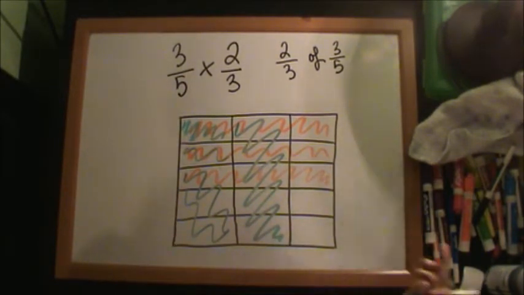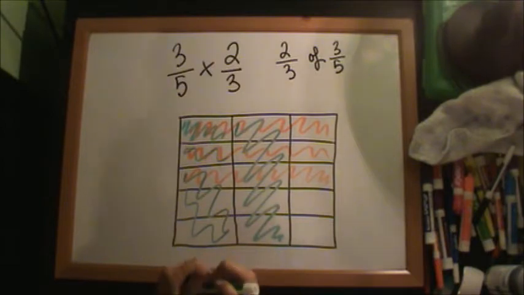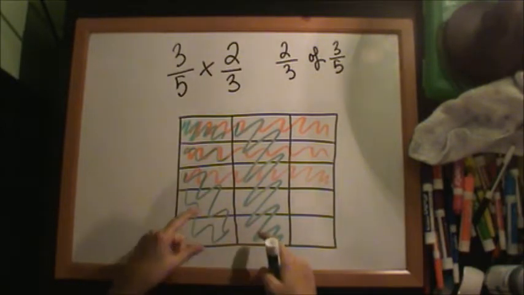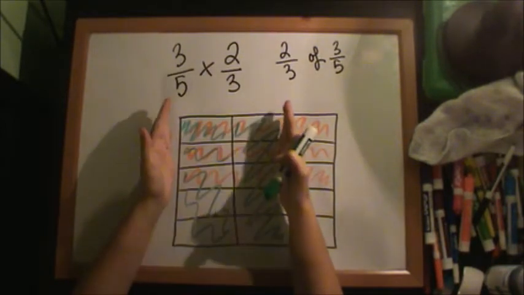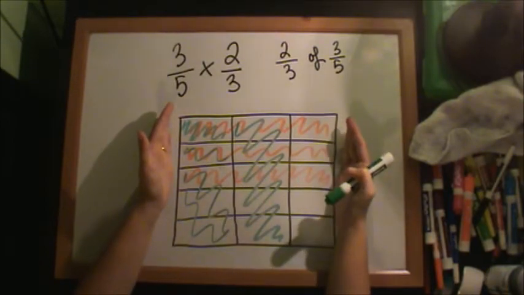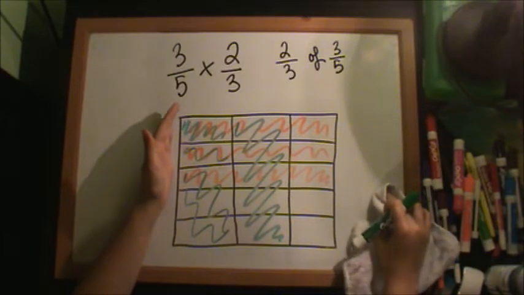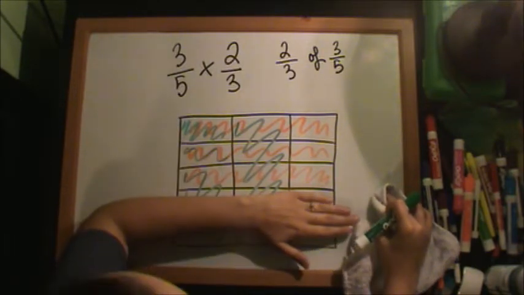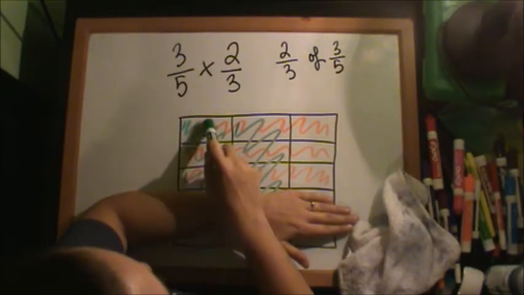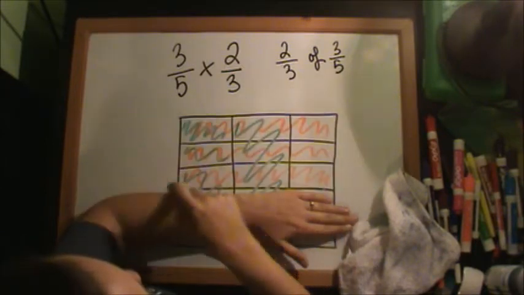So now you remember where they overlap is going to be your answer, because that is 2/3 of your 3/5. If you wanted to, as long as you understand that it's going to be out of 15, you can ignore this. What is 2/3 of 3/5?